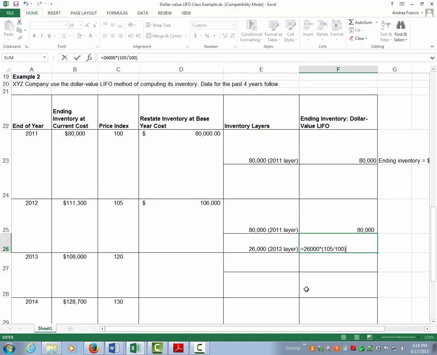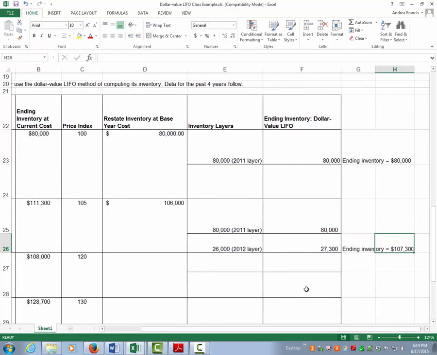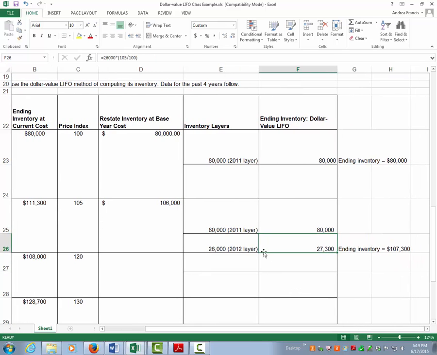So we're basically taking the inflation out and then putting it back in again to the piece of the inventory that applies to this year. So our ending inventory amount under dollar value LIFO is going to equal 107,300 when we add these two numbers together.